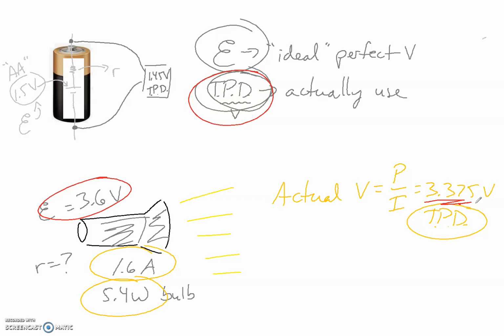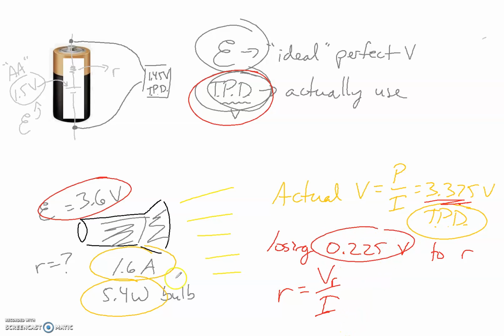So we're losing approximately 0.225 volts to internal resistance. That's the voltage of my internal resistance. To find resistance, that's just Ohm's law, V divided by I. It'd be the voltage lost on that little internal resistance divided by the current that's going through the system.